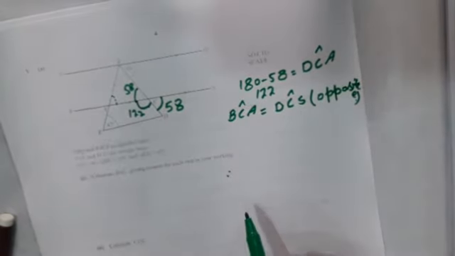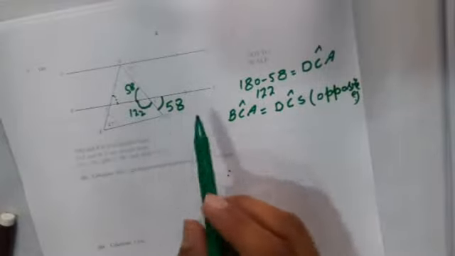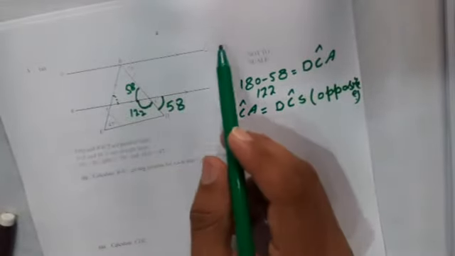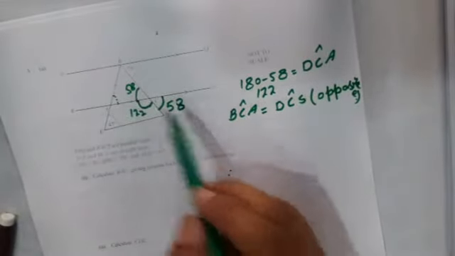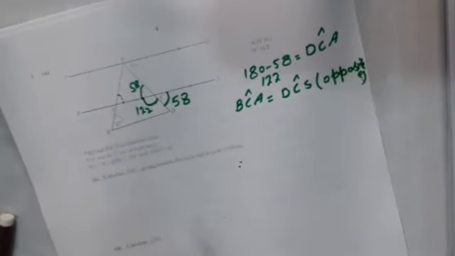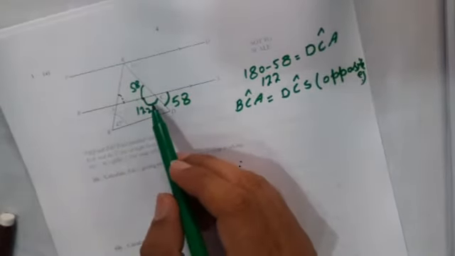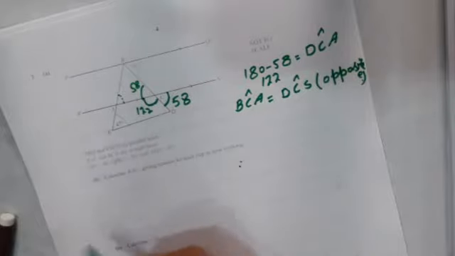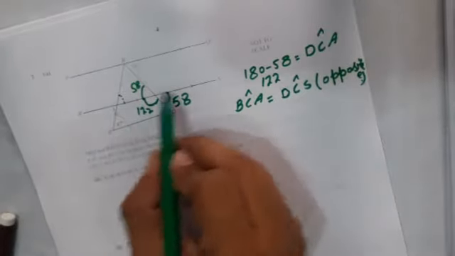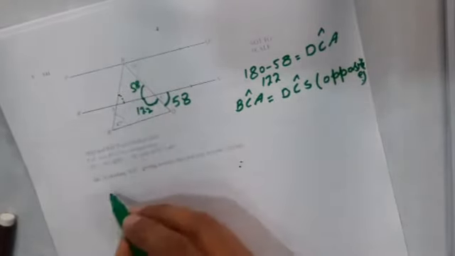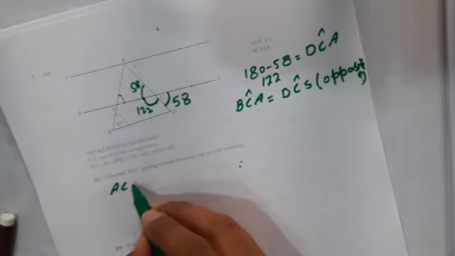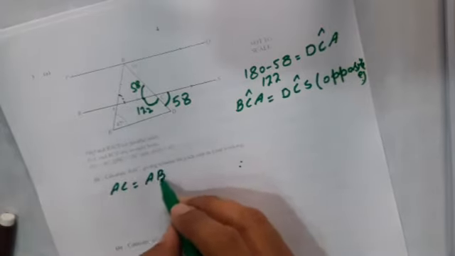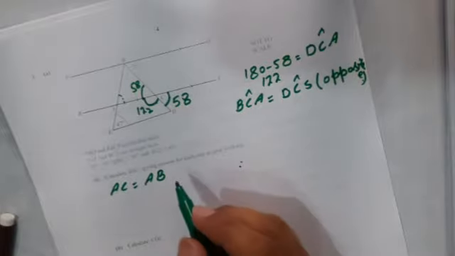Then you can also say that DCS and QBC are interior exterior angles. That's why they are the same. Okay, now we have this as 122 and this is 58. Now AC and AB are the same, so the angles will be the same.